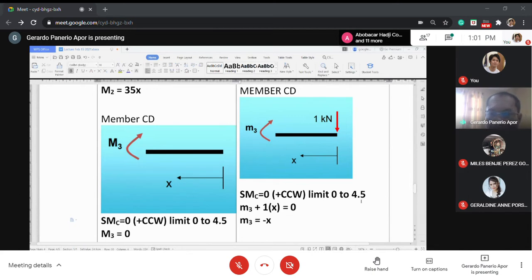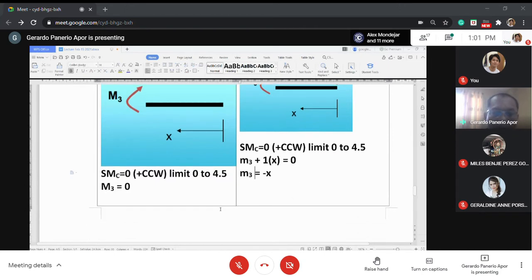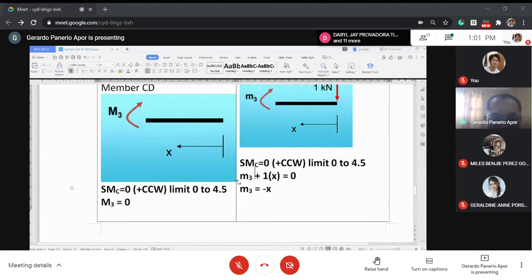Now its limit is 0 to 4.5. Okay, so we have 1 to 1. Big M and small m should have the same subscript when they are multiplied.